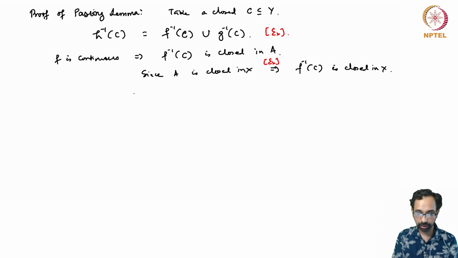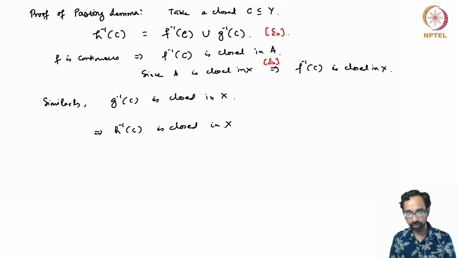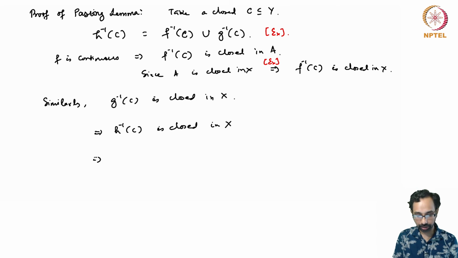Okay, similarly g inverse of C is closed in X, and this means that h inverse of C is closed. It's a union of two closed sets, so h inverse of C is closed in X. So for every closed set, the inverse image of the closed set under h is closed.